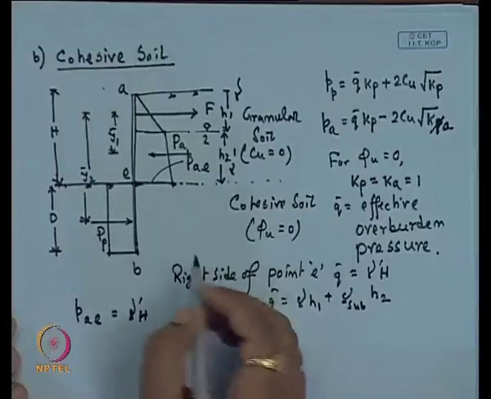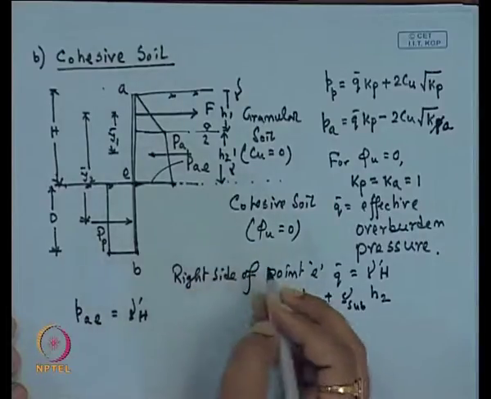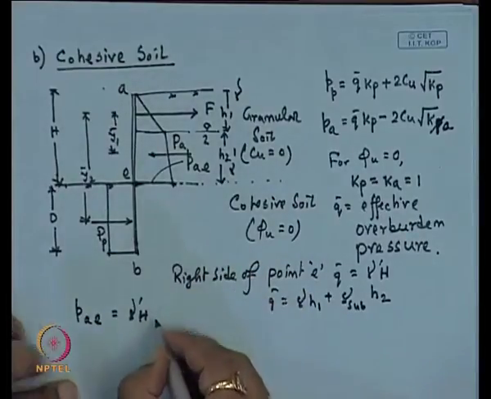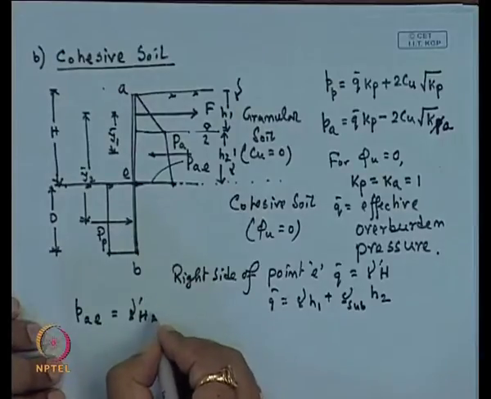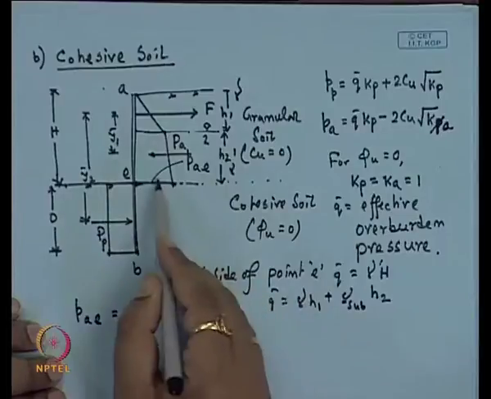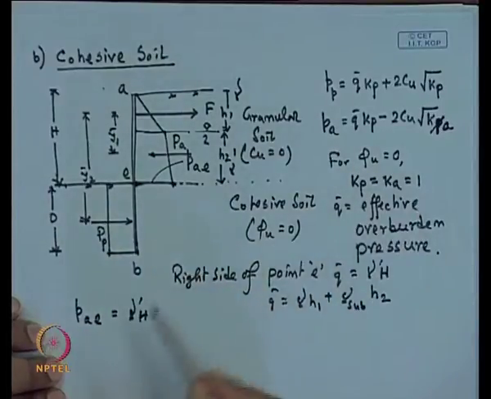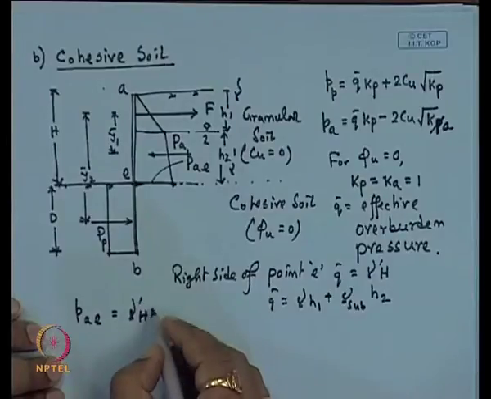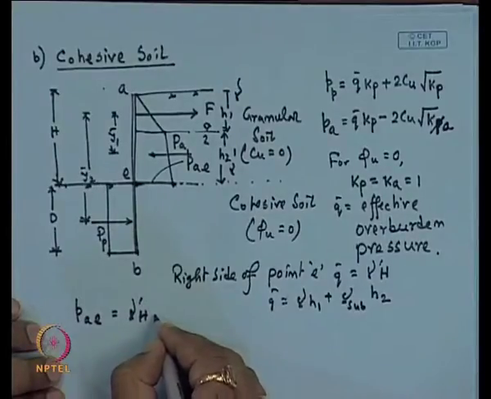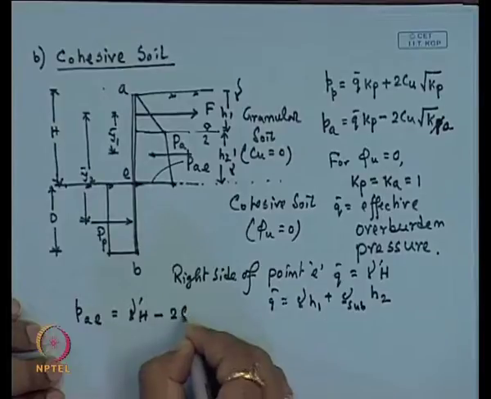So, K p will be, and K a is equal to 1, as phi u equal to 0 gives K p equal to K a equal to 1. So, this is gamma dash into H minus 2 C u.